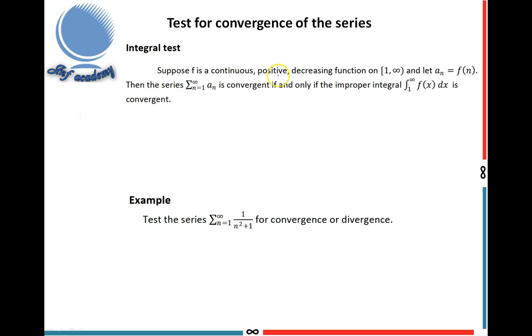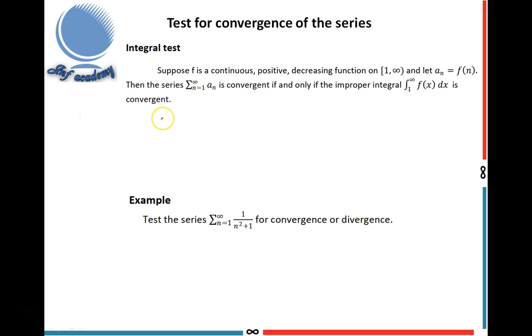Suppose f is a continuous, positive, decreasing function on the closed interval [1, infinity), and let a_n equal f of n. Then the series sigma n equal to 1 to infinity a_n is convergent if and only if the improper integral from 1 to infinity of f of x dx is convergent.